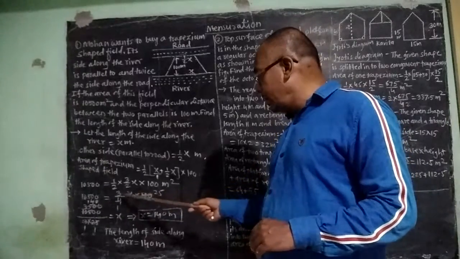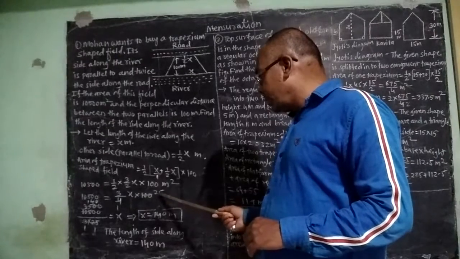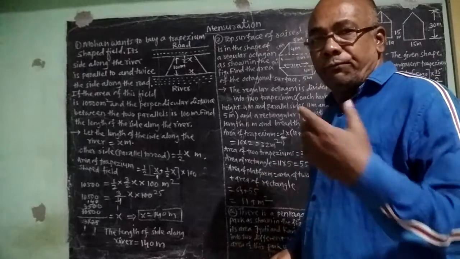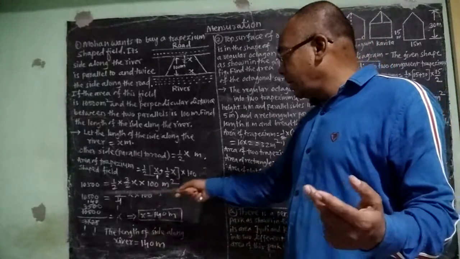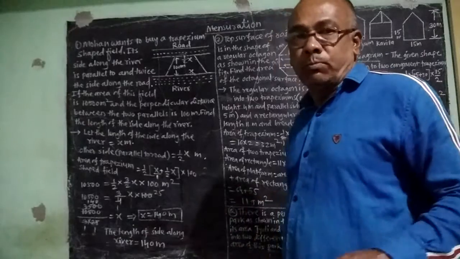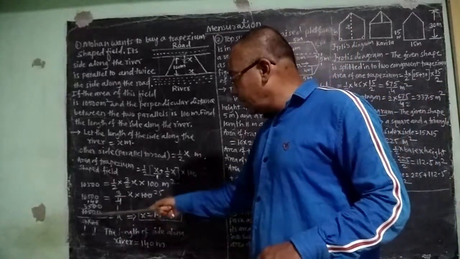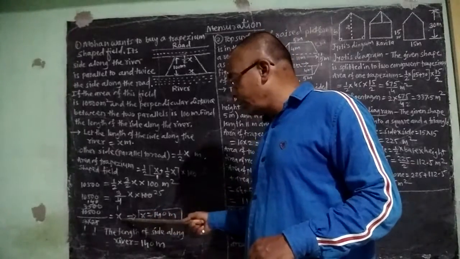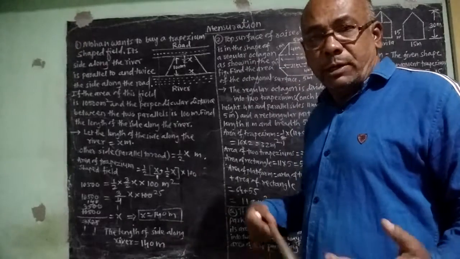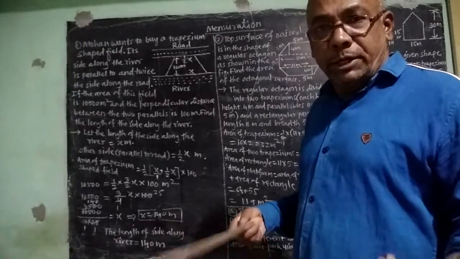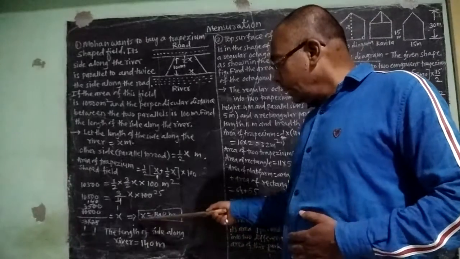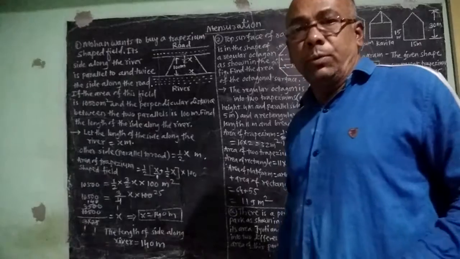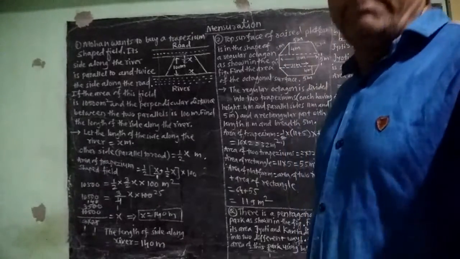Now dividing 100 by 4 at the denominator, we get 10,500 is equal to 3 into 25x, and now 3 and 25 will divide 10,500 when it is transposed. So we get 10,500 divided by 3 into 25 is equal to x. After division, we get x is equal to 140 meter.